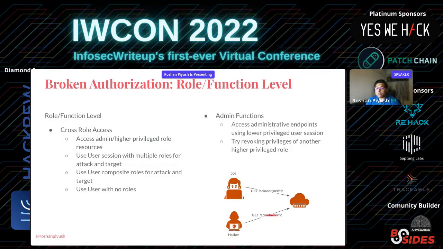There is also a very interesting attack vector that can give you great advantages: revoking privileges of other higher privileged roles. If you see different privileges and different roles, you can try revoking them for the other higher privileged users and see if they are still able to access or not.